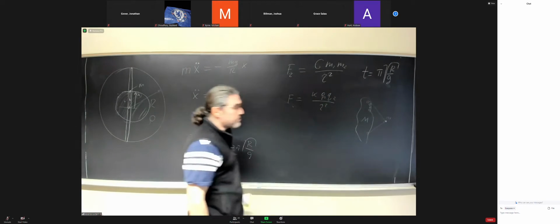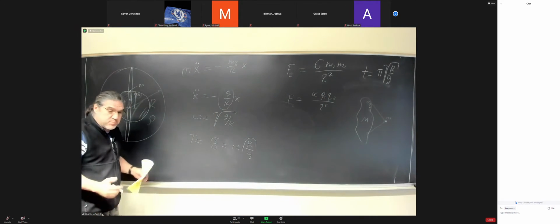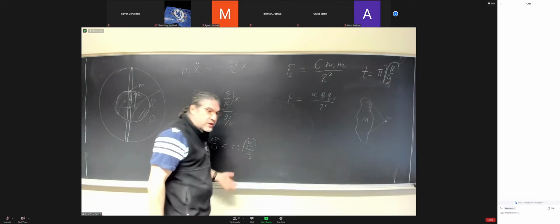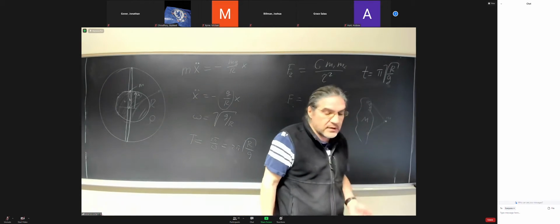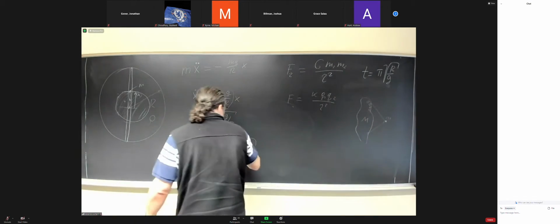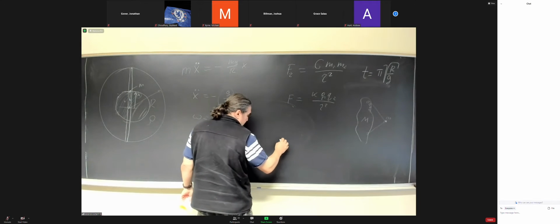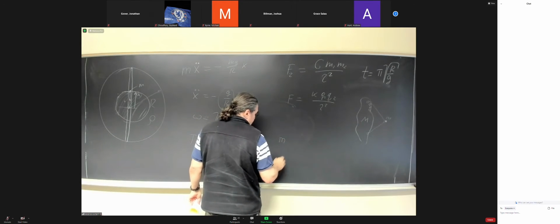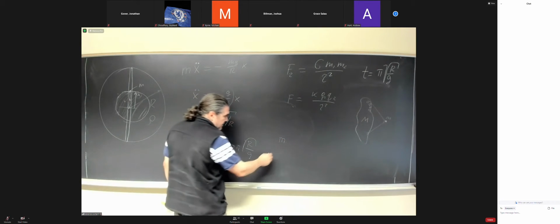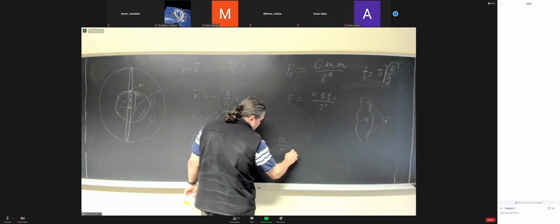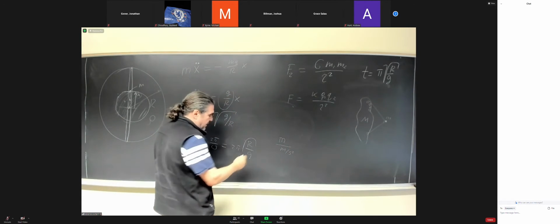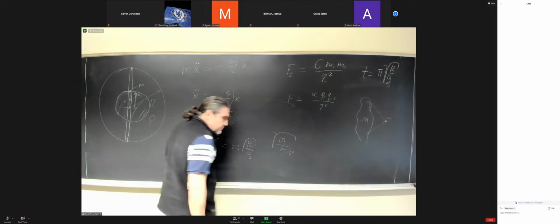Okay, that's the answer. Now, at this point, it is very good to actually check the units which you have, right? So what you have here, this is r. R is measured in meters. So let's call it meters. R divided by meter per second squared, and square root, right? That's what we have.